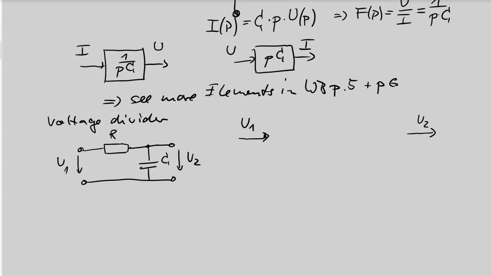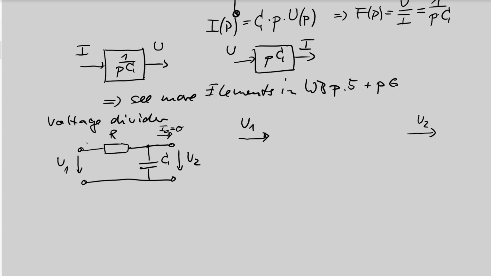Those are the elements to write down physical laws. So I think it could be good that we first collect the equations. We assume that the output current should be 0. So this voltage divider is in the first step unloaded.